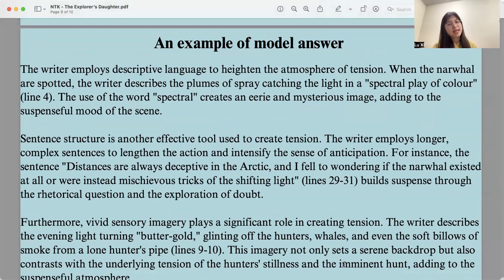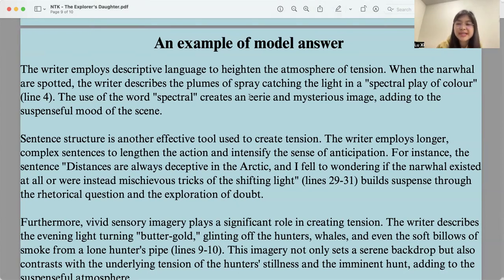Basically, as an example of the answer, we can read this together. The writer employs descriptive language to heighten the atmosphere of tension, the rise and fall of the tension, remember? Also the action of holding the harpoon and the stillness of the writer's heart. When the narwhal are spotted, the writer described the plumes of the spray catching the light in a spectrum play of color.